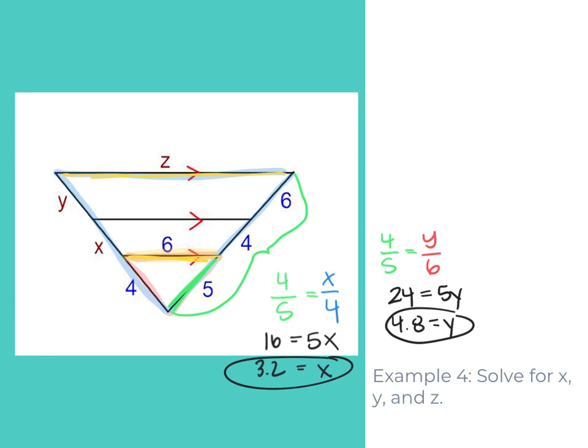Let's do 5 over 6 is equal to 5 plus 4 is 9, plus 6 is 15 over z. Now all I have to do is cross multiply to solve. 5 times z, and then I have 15 times 6, which is 90. Divide both sides by 5, and I get z equals 18.